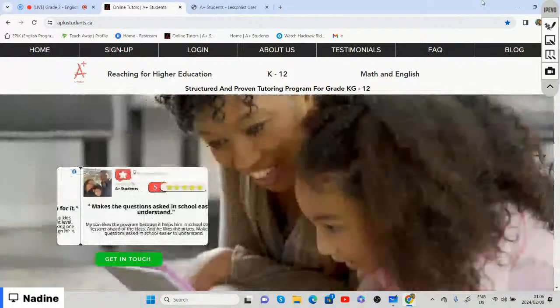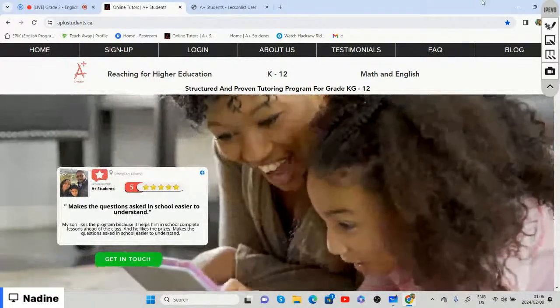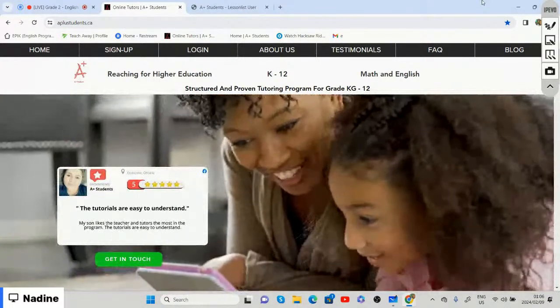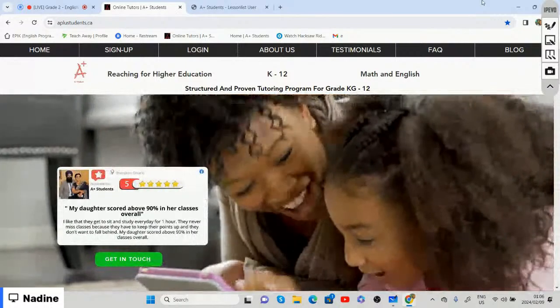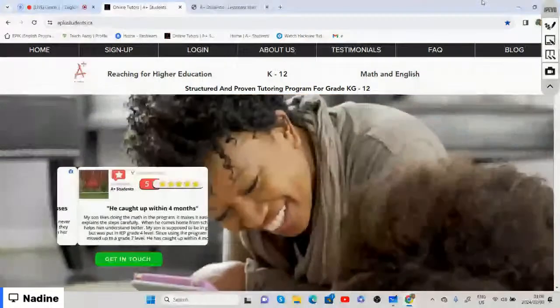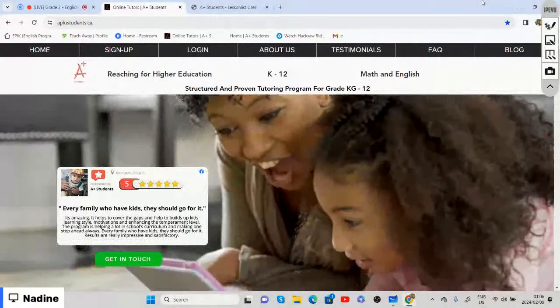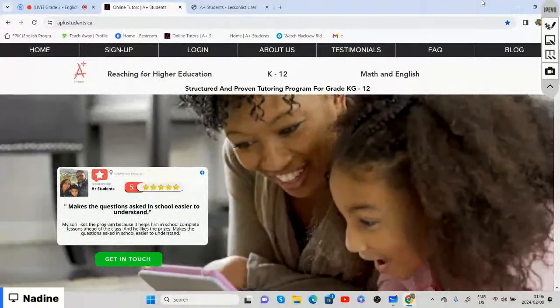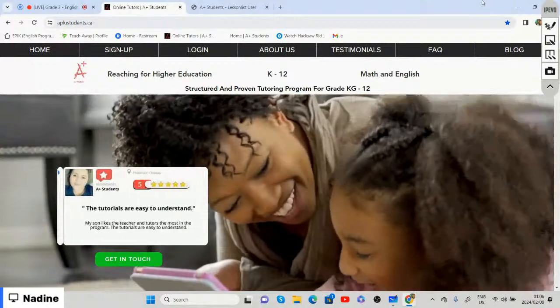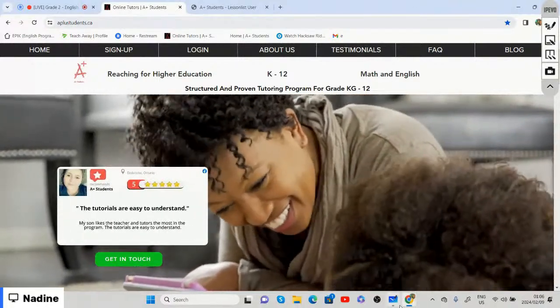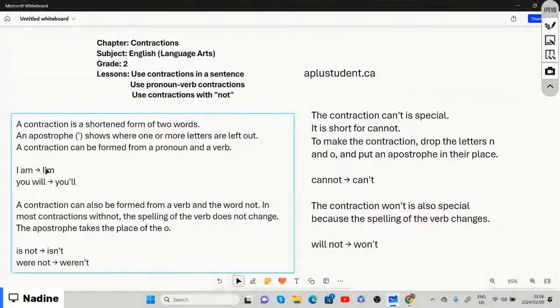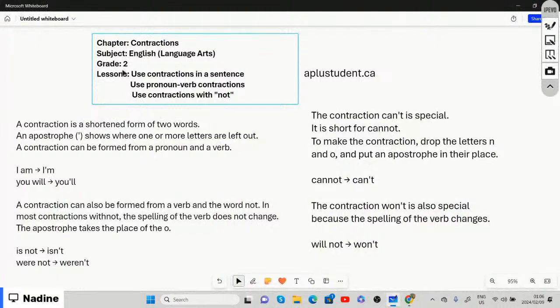We did contractions in our previous lesson, so today it's basically just going to be a continuation of what we did previously. So our chapter is contractions. Our subject is English language arts, grade 2.